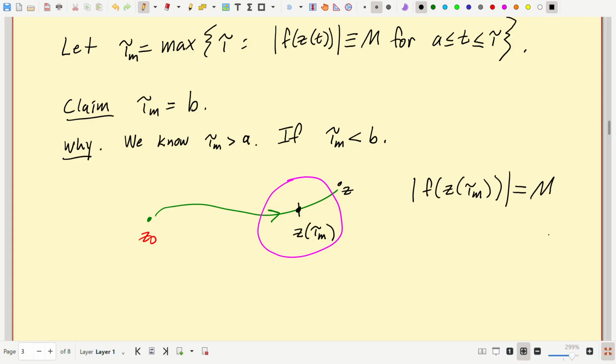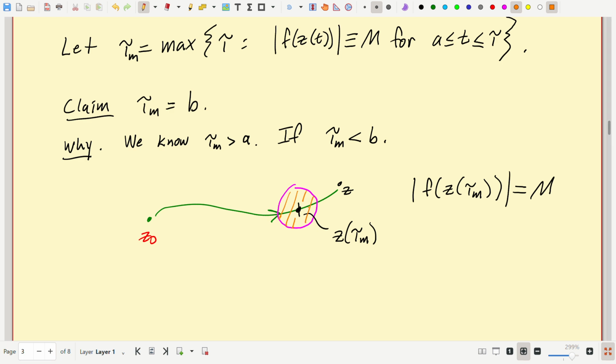So I would get a little disk like this. Who knows how big it would be? It may be smallish. Okay, this little thing right here is z of tau max. And then I would get f constantly equal to m on this shaded thing for a disk.